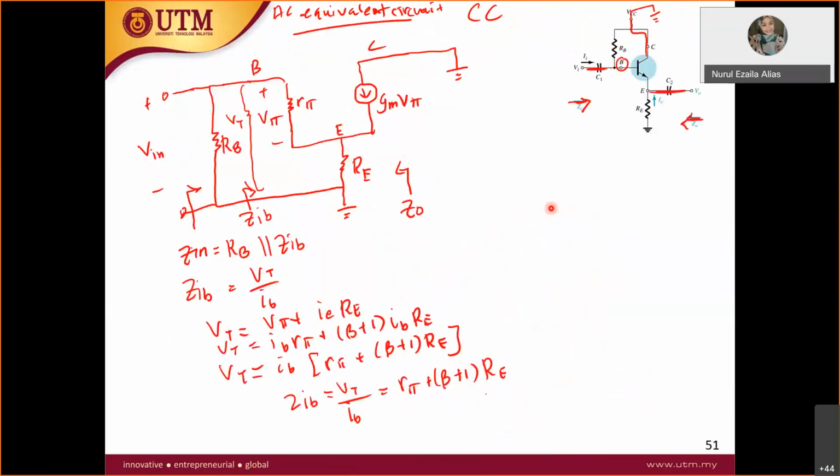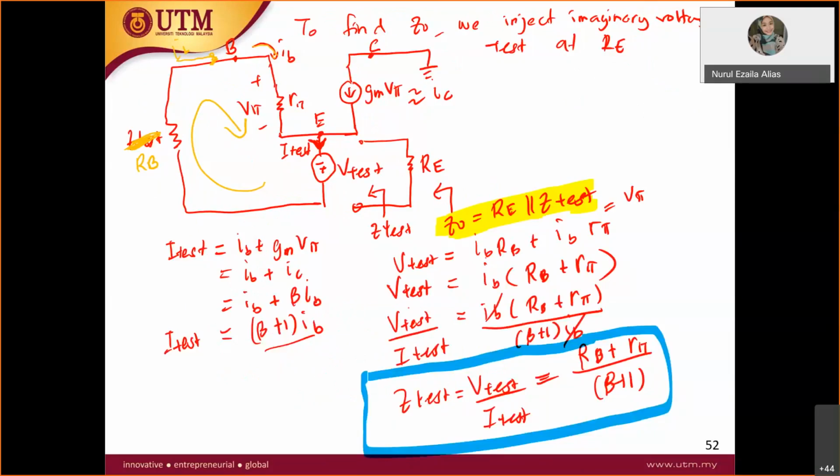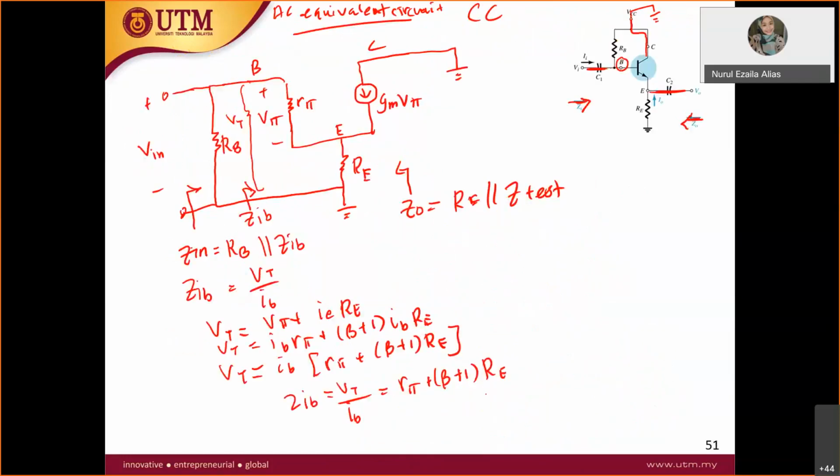So Z naught is equal to RE parallel with Z test. How do you get the Z test? Is this one. Now after we derive the input impedance and so on, usually we will derive the voltage gain as well as the current gain, right? If you still remember.